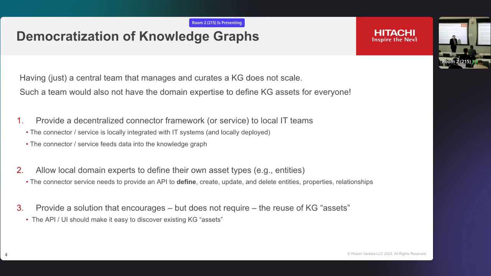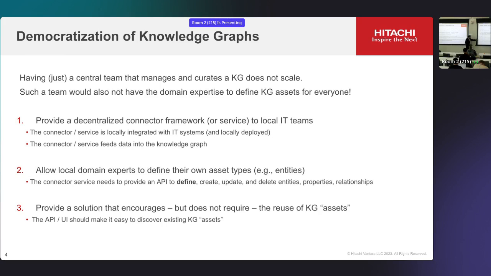And of course, the advantage of a knowledge graph is that because it is a graph, we can provide lots of relationships and annotations, etc. But in the end, just dumping data in a knowledge graph is a little bit like what we had when we talked about big data, data lakes and data swamps and those kinds of things. It's a little bit better with knowledge graphs, but it would be really ideal if the domain experts can early on define their own entities, convert the data locally, and then contribute that to a knowledge graph. They are the experts, but again, the idea is to have all of this done in a decentralized way. That's the only way to scale.